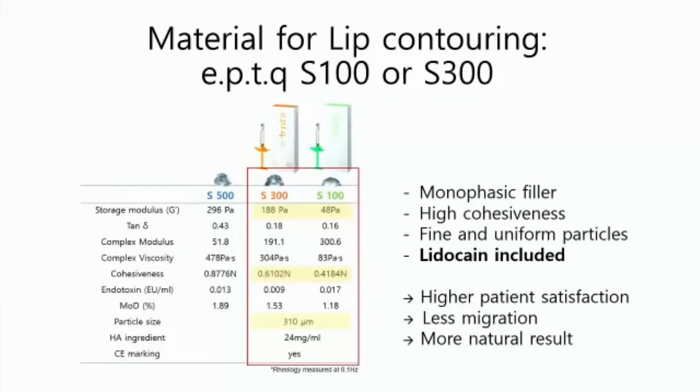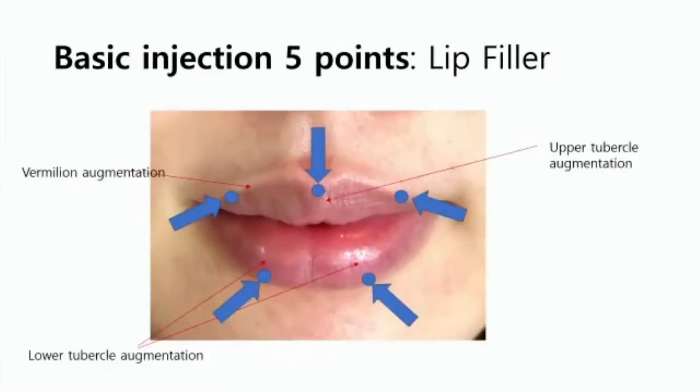Today, for the lip, I use Epitic S100 or S300. Both kinds of filler include lidocaine. So for lip injections, this filler is very good without nerve blocks. This slide shows the basic five injection points for lip augmentation with filler. This is just the basic injection pattern.